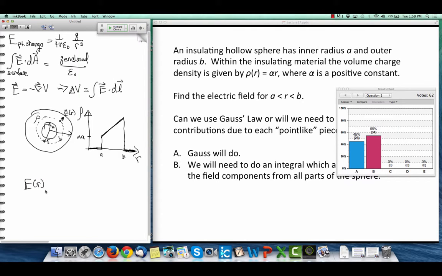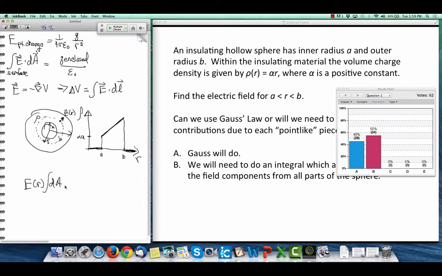The electric field at the Gaussian surface is a constant at the surface pointing outward, and so it comes out of the integral. The integral of dA is, of course, just the surface area of that Gaussian surface.